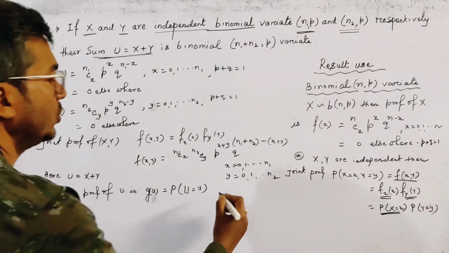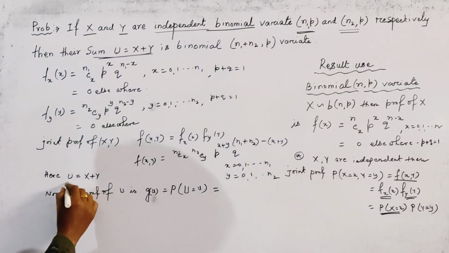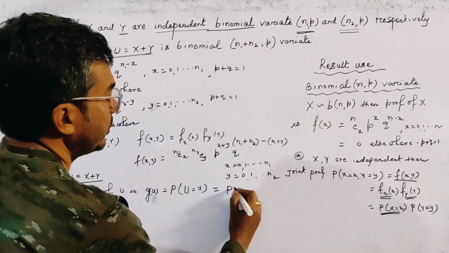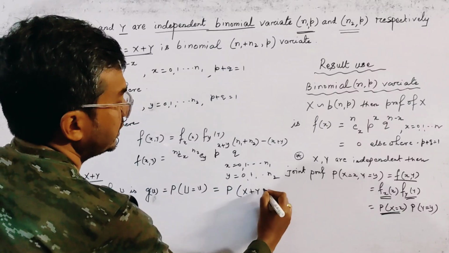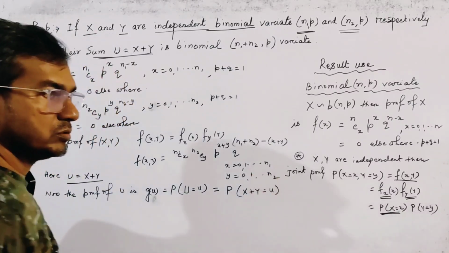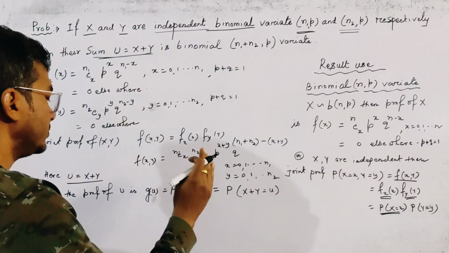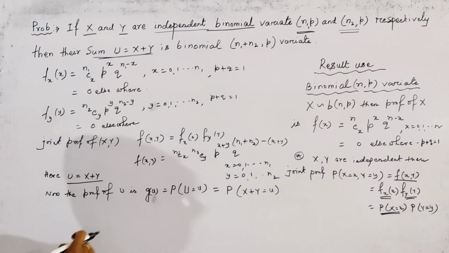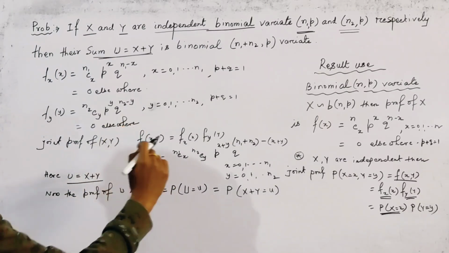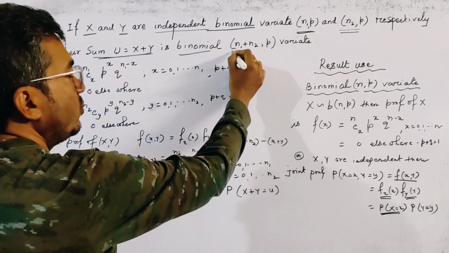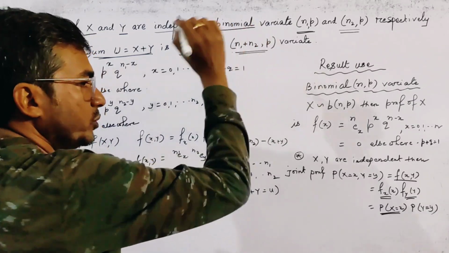And since u is a random variable, we get the probability of x plus y equal to u. Okay, this is the required PMF we have to find, and we have to prove that it is binomial (n1 plus n2, p).